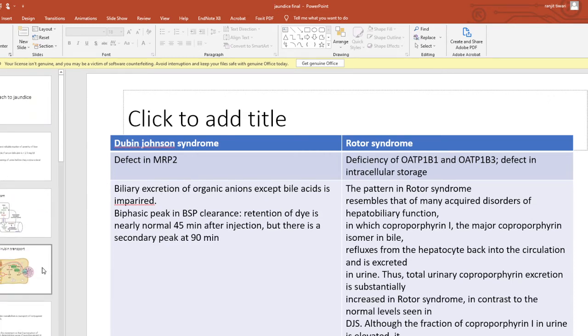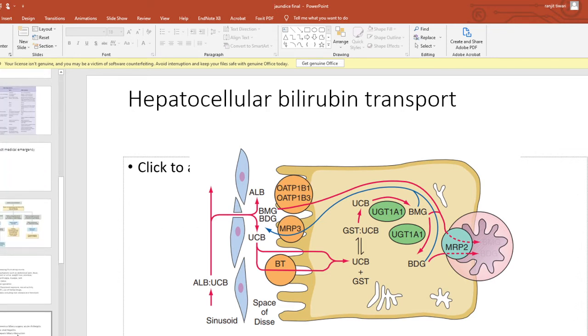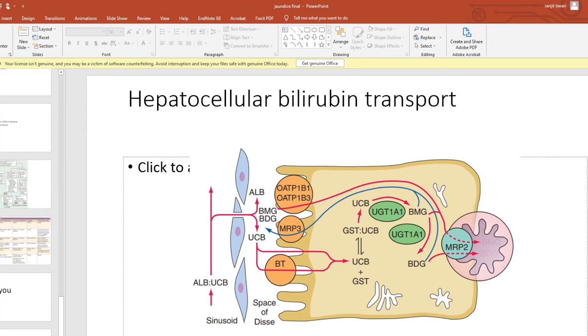And what happens in Rotor syndrome? In Rotor syndrome, there is a defect in the proteins OATP1B1 and OATP1B3. So if there is a defect, then this reuptake cannot occur. When bilirubin is thrown outside into the portal vein, it is normally taken up by this transporter, but if OATP1B1 and OATP1B3 are defective, this reuptake cannot occur.